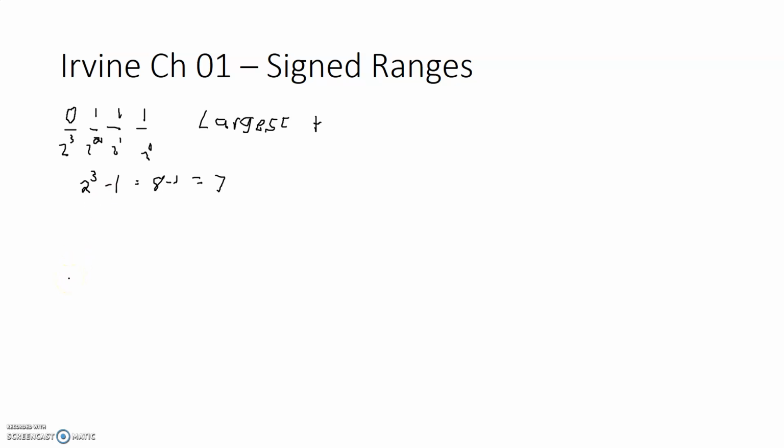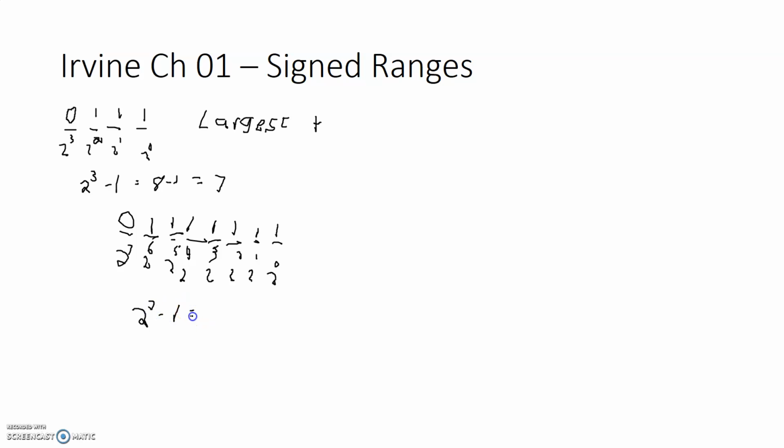So if we were dealing with 8 bits, 1, 2, 3, 4, 5, 6, 7, 8, and we want to leave the leftmost bit as a 0, then that would be 2 to the 7 minus 1, and 2 to the 7 is 128, so 128 minus 1 is 127.